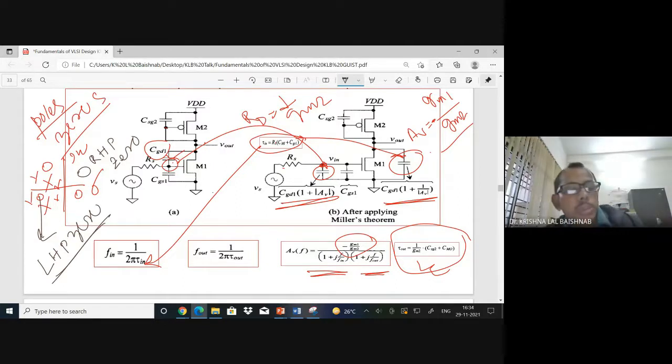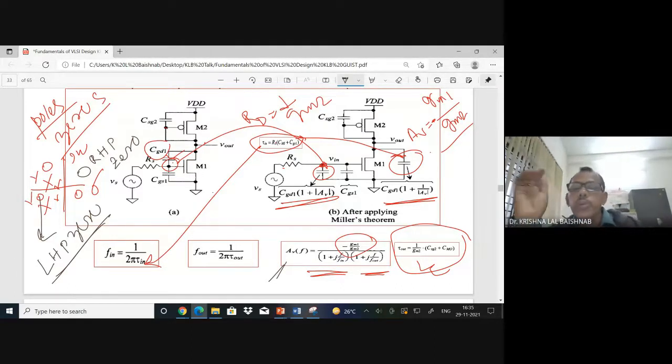There are two types of zeros, and they are very significant in the transient response. The zeros come into the picture, and we have to address their effect. If I use Miller's theorem, since Miller is an approximation theory, the zeros do not come into the transfer function. This is a very simple transfer function.